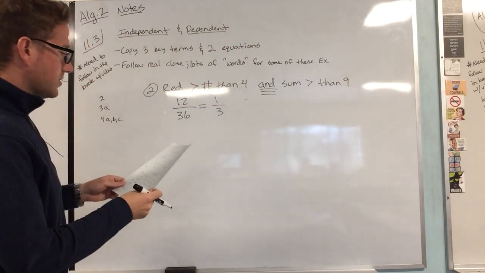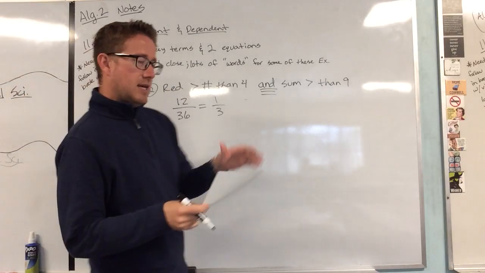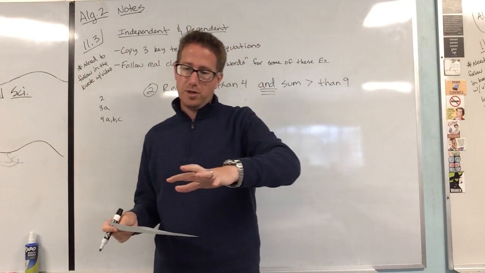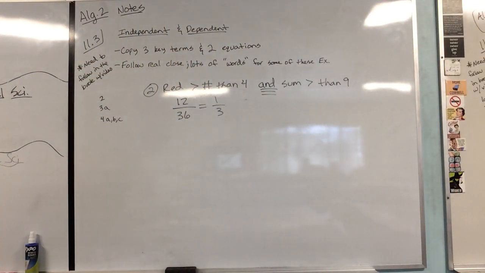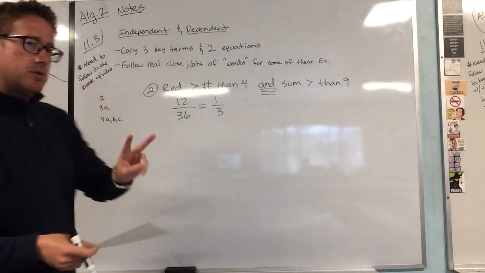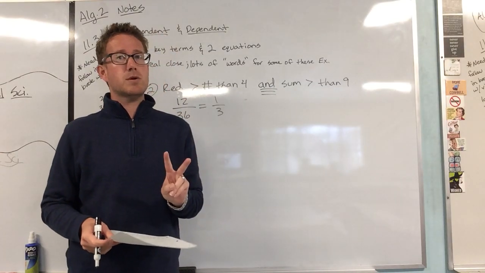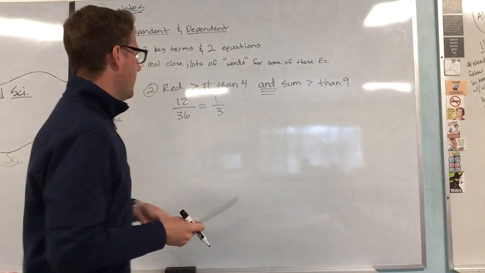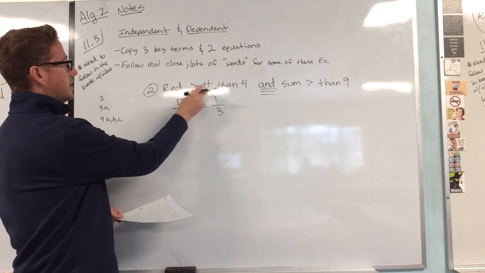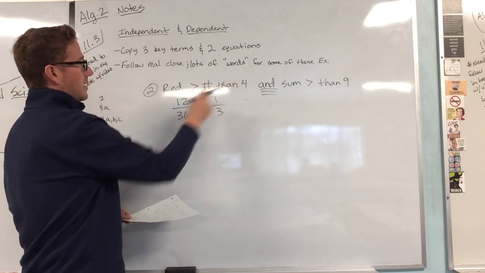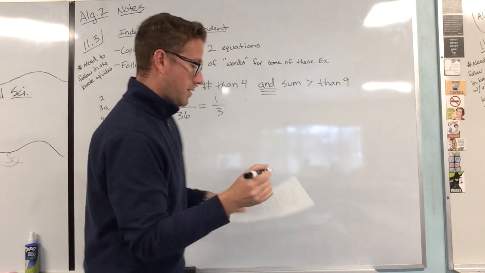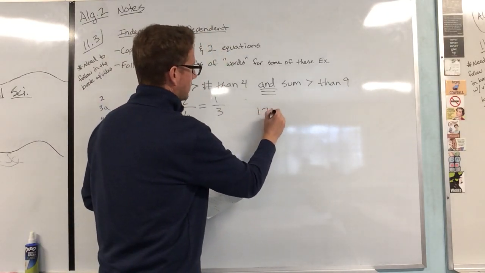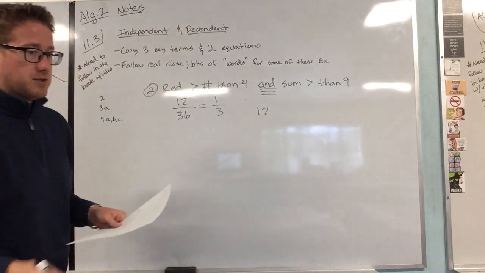All right. So now what we're looking at is take a look at that chart. And if you look at that chart, one thing that you're going to notice is that at the bottom of that chart, the last 2 rows are the only rows that we're really talking about here, because those are the 2 rows where red is a greater number than 4. How many possible combos are in those last 2 rows? There are 12 possible combos in those last 2 rows.